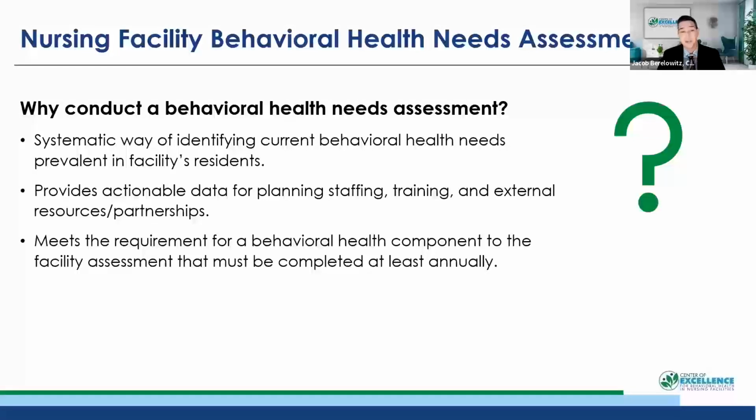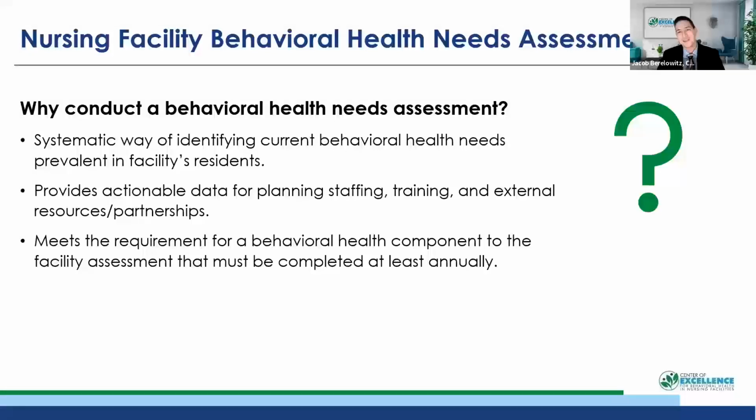It's based on the CMS Form 672, which any administrators, directors of nursing on the call, I'm sure you're familiar with, the CMS Form 672 resident census and condition of residents that is always asked for at the beginning of a survey. And in there, if you look at field F112, it says behavioral health care needs.